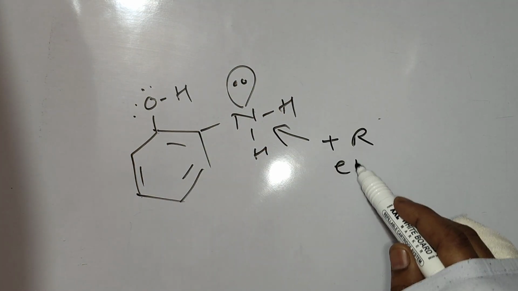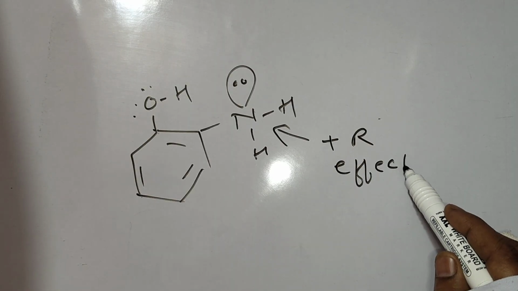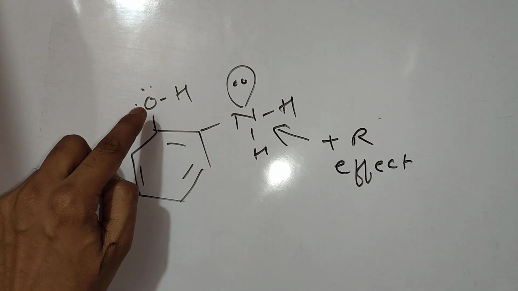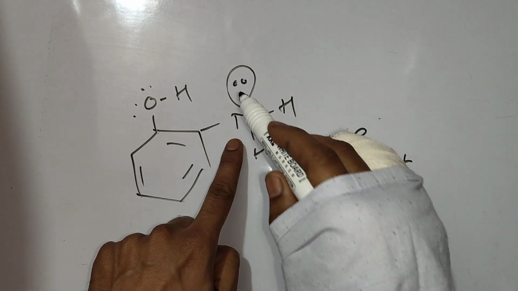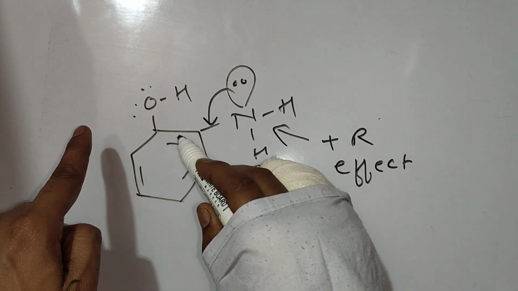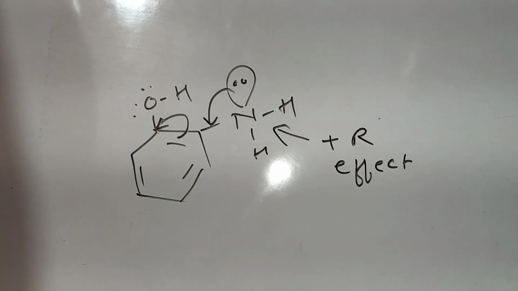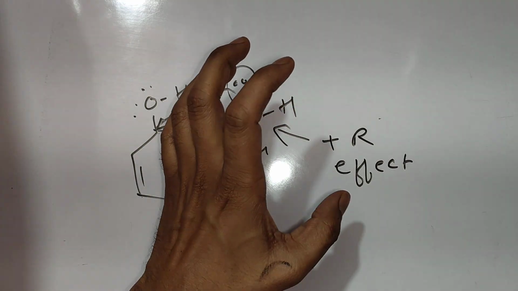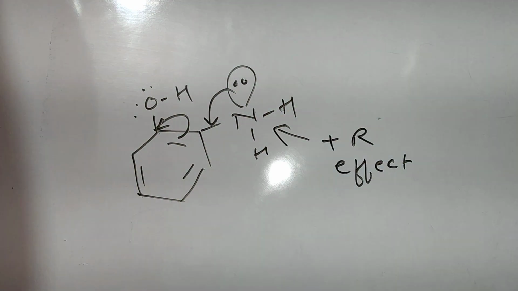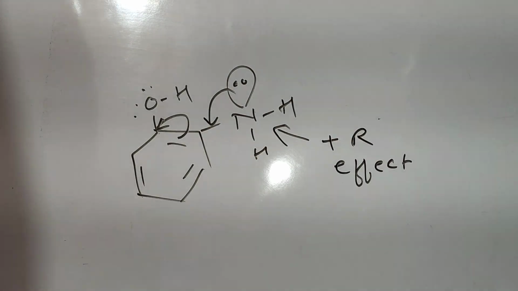It means it is going to donate electrons to the benzene ring for the resonance. Once the resonance of OH finishes, the resonance of nitrogen will start. How? Like this. So when it donates electrons, the nitrogen will carry +1 charge, which means the group is going to show plus R effect, donation of electrons during resonance.